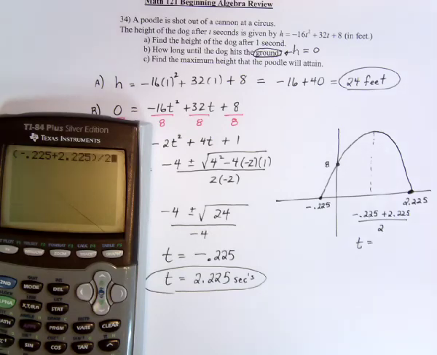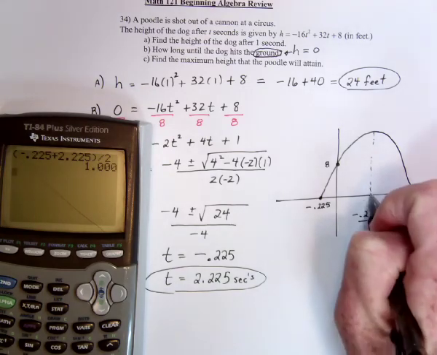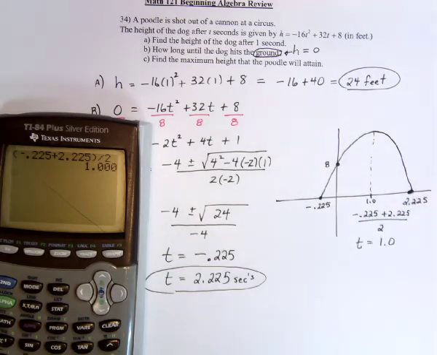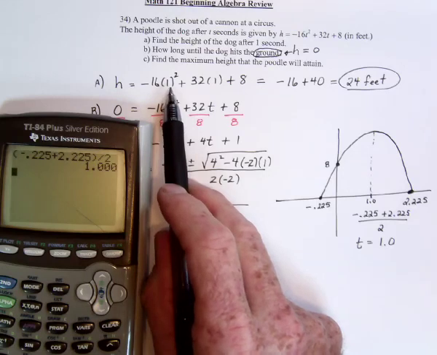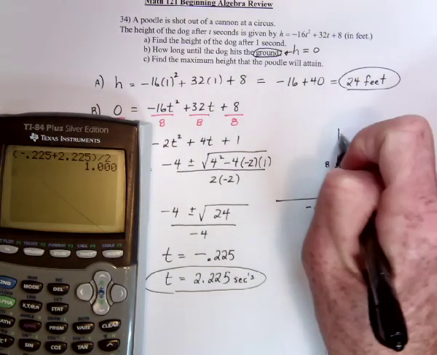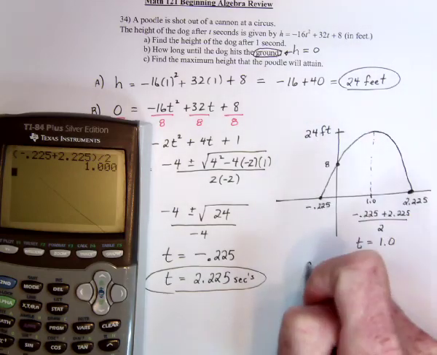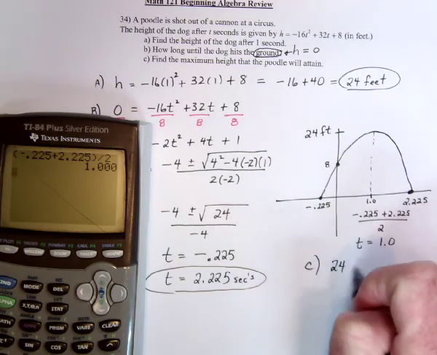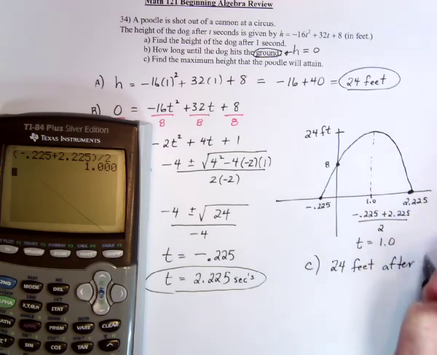Add them together and then cut it in half. Oh wow, happens to be 1.0. Oh, and good thing is, we already plugged in the 1.0. That's actually the maximum height, the 24 feet. So for part C, 24 feet after 1 second.